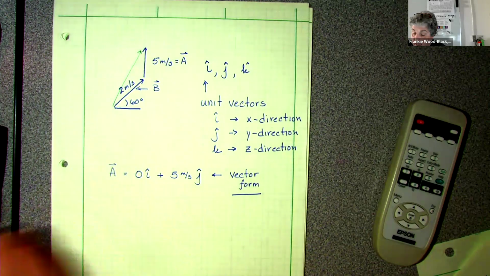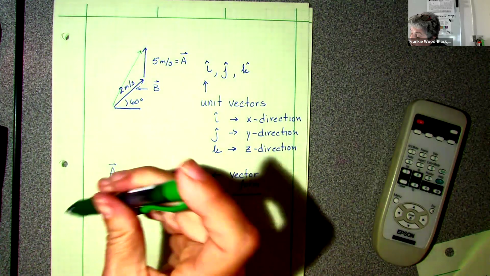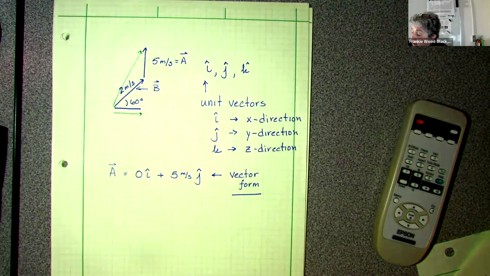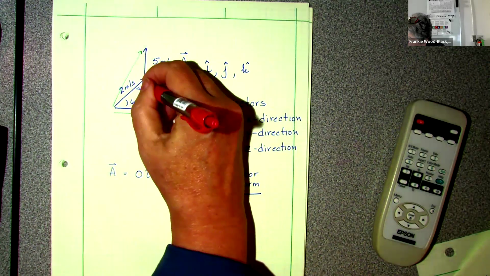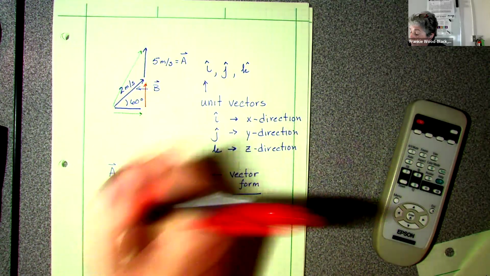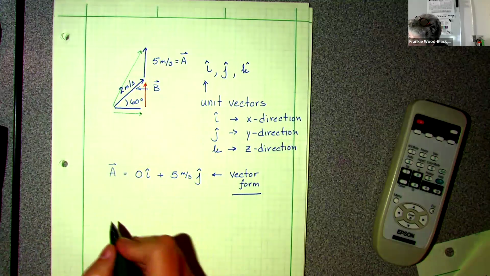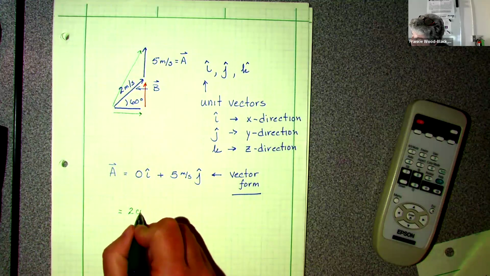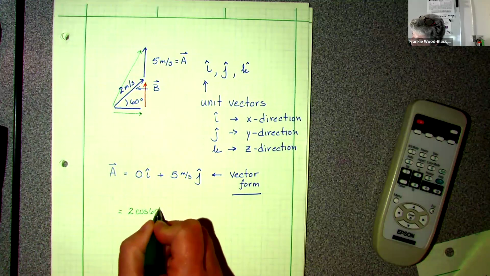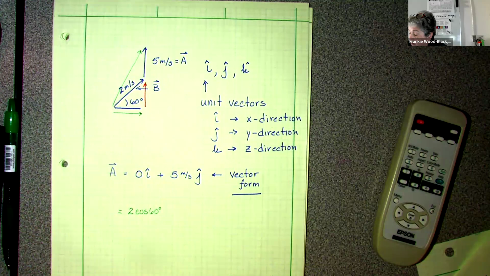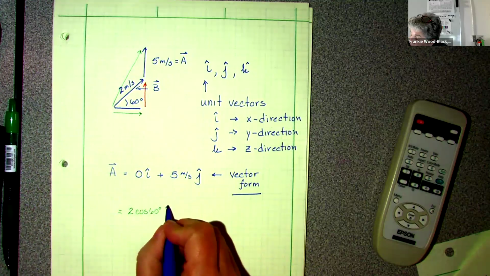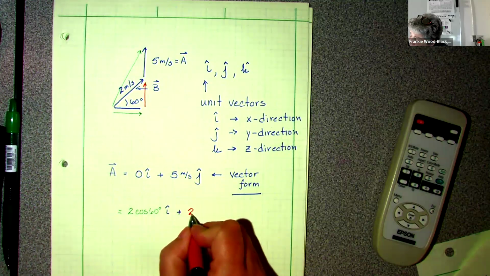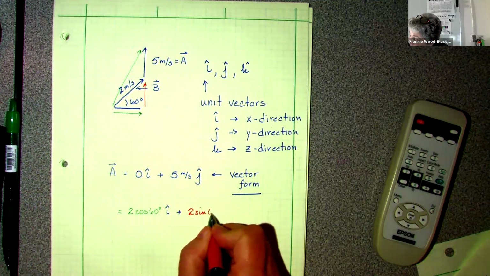Now my vector B is going to be a little different. I'm going to have a component that goes into the X direction, and I have a component that goes into the Y direction. My component in the X direction is going to be 2 cosine of 60 degrees. And my component in the Y direction is 2 sine 60 degrees.